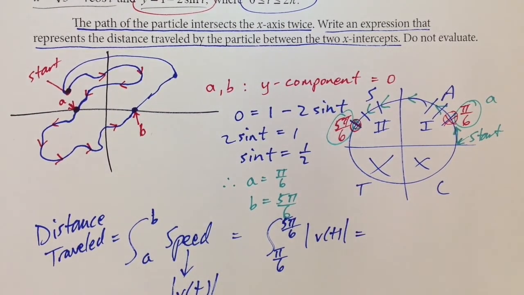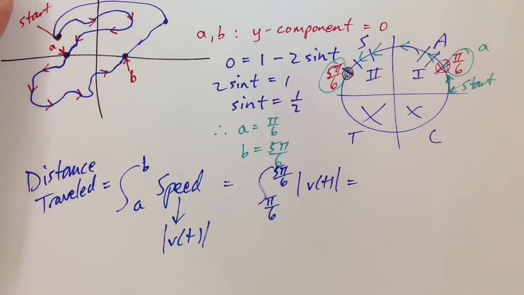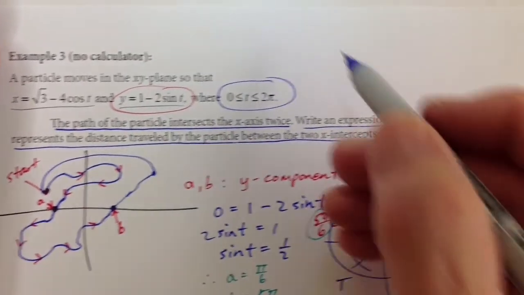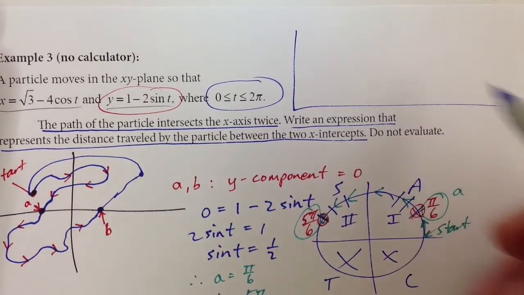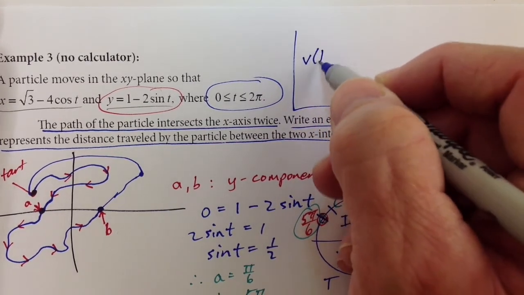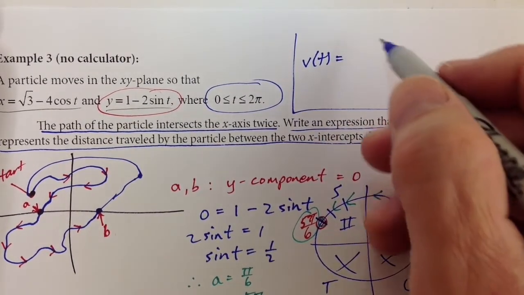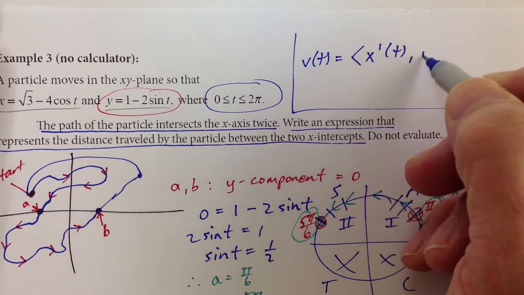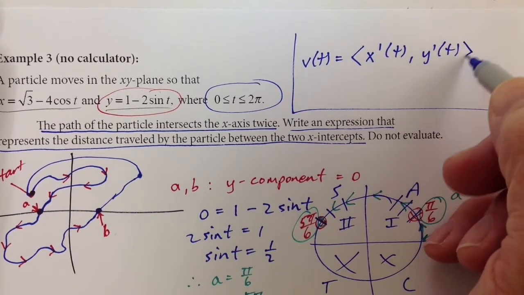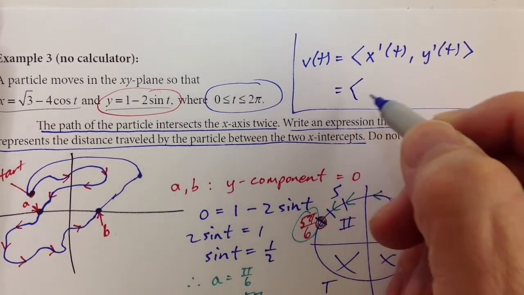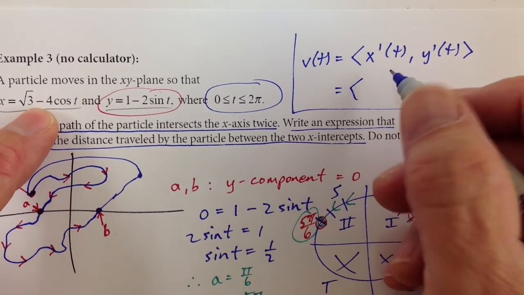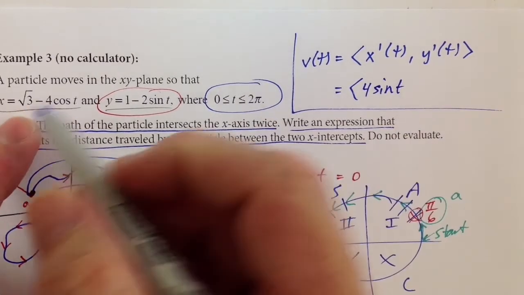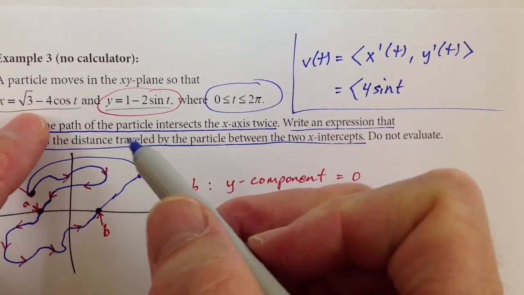Let's do that right up here where we can see. Let's find the velocity vector. The velocity vector, first of all, is x prime, y prime. So x prime would be positive 4 times the sine of t.